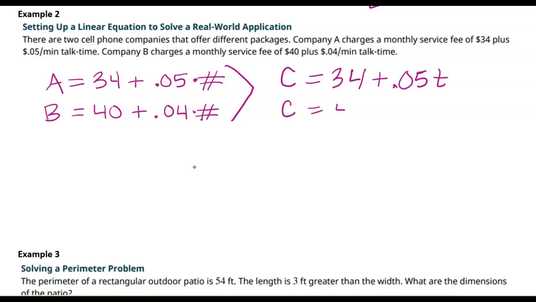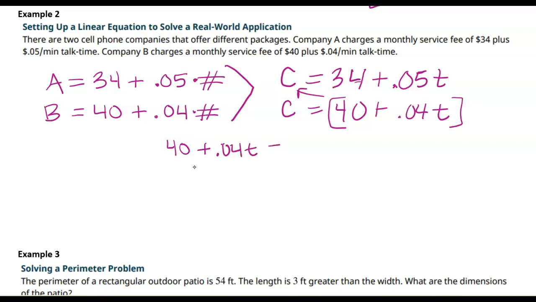And then this charge, just like before, I can then plug in one of these for the variable in the other one. So I get 40 plus 0.04t equals 34 plus 0.05t.